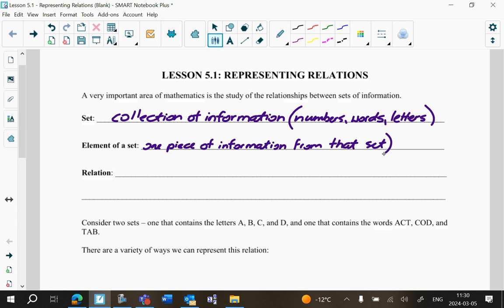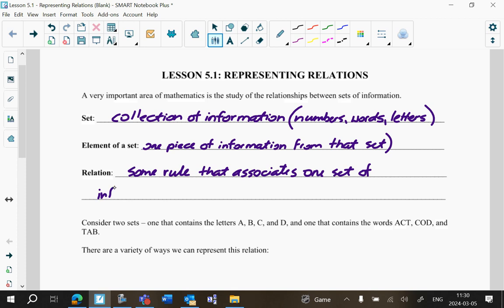Okay? A relation is some rule, and it could be mathematical or it could be just sort of described in English, that associates one set of information with another. Somehow they're connected.